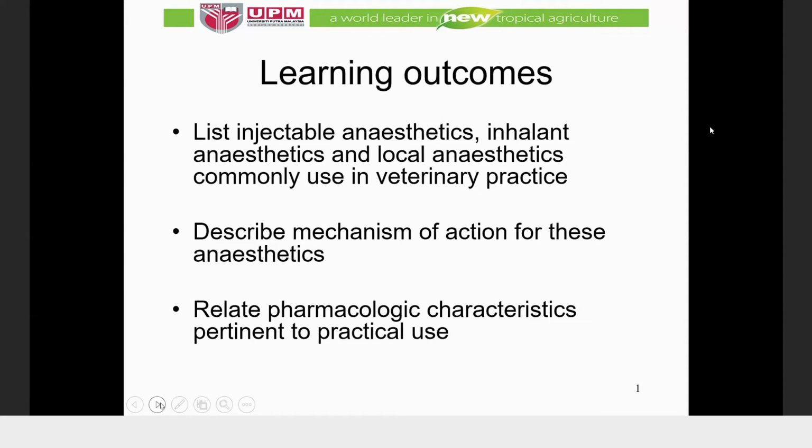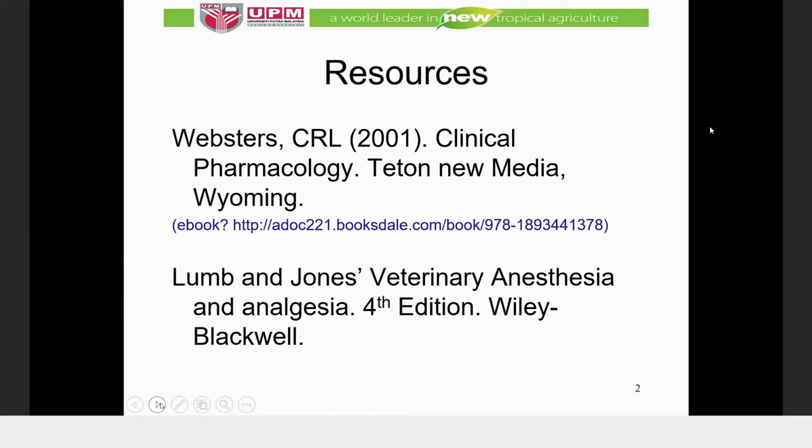These are the resources which I have referred, and you can also refer to these. It's not hard and fast; you can also go to any other references. Internet is open for you.